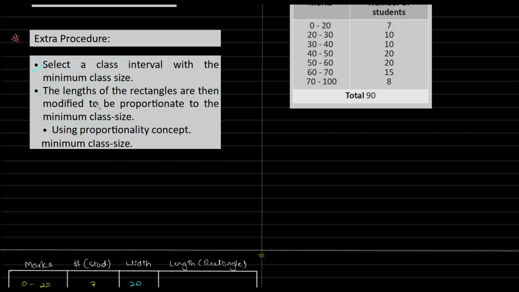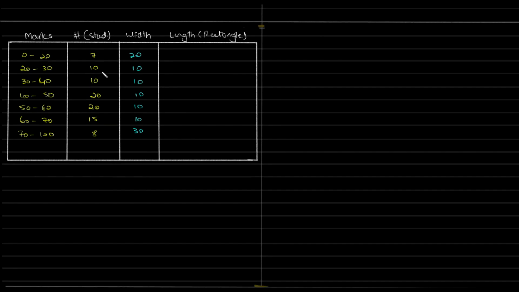Now let's look into the next step. The length of the rectangle are then modified to be proportionate to the minimum class size. Use proportionality concept. First, what is the minimum class size over here?